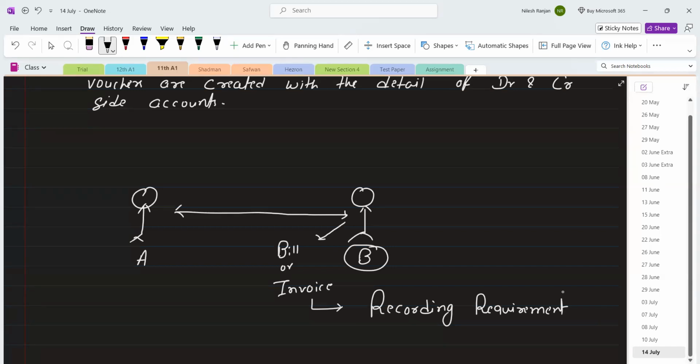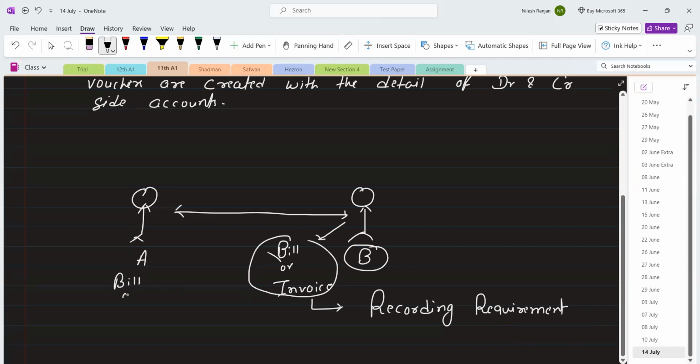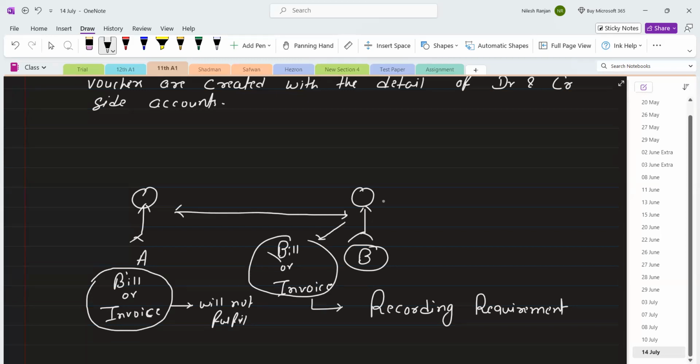In the same manner, if a bill or invoice is created by A and given to you, this invoice may not fulfill your requirement. So when we create our own invoice while selling goods, there is no issue; we record on the basis of those documents.